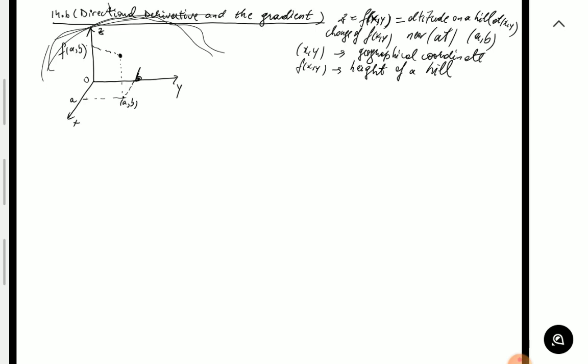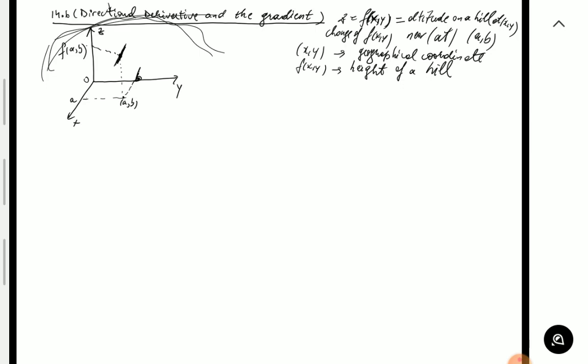North-south is like keeping the y coordinate constant at b, and then letting x vary, right? So that gives you basically a tangent whose slope is going to be which partial derivative? Pause for a moment and ask yourself the question. If b is kept constant and then you vary in the direction north-south, you try to move on the hill, you're essentially asking the question, do I go up or down if I move north-south?